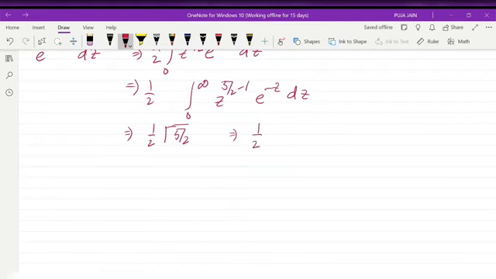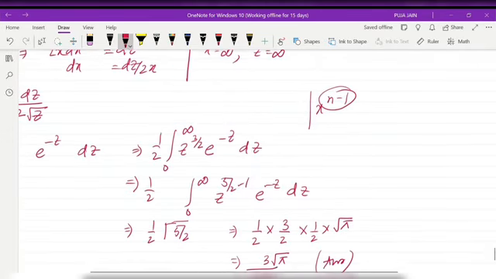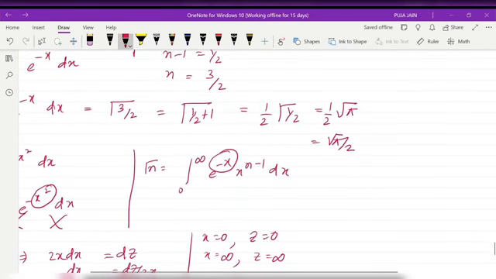Gamma 5 by 2 is 3 by 2 into half root pi. Okay. So our result is what? 3 root pi by 8. So this is our answer. Okay. So I hope you understood how to calculate these results.